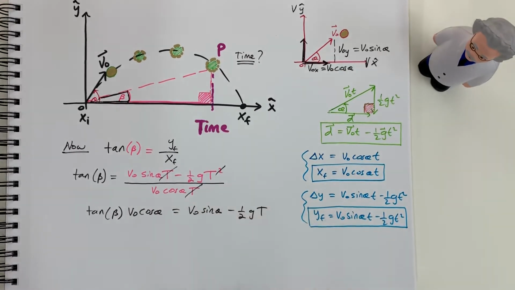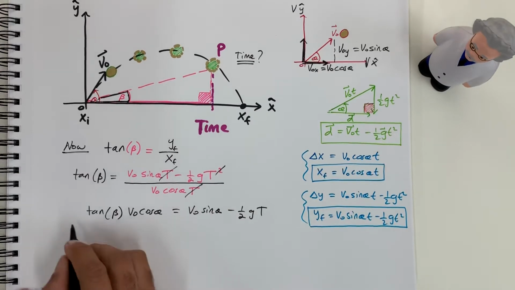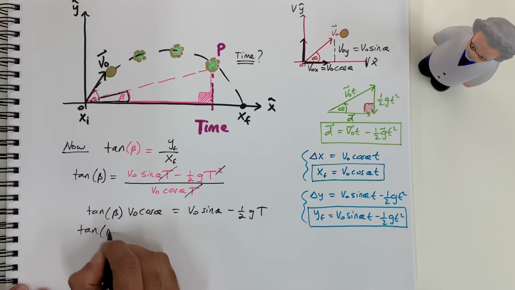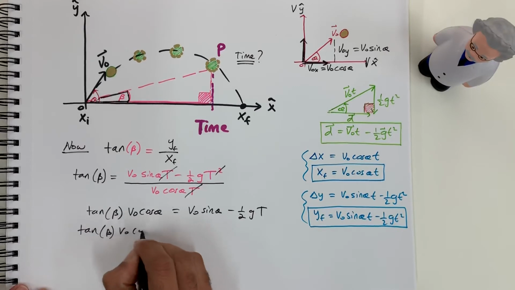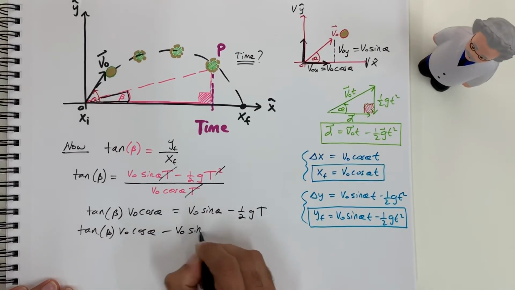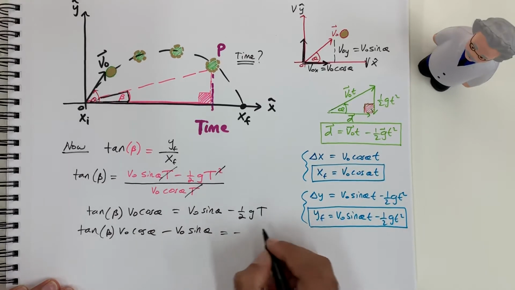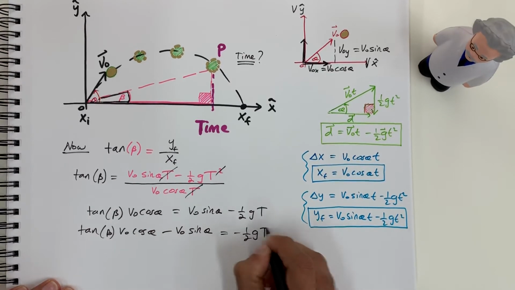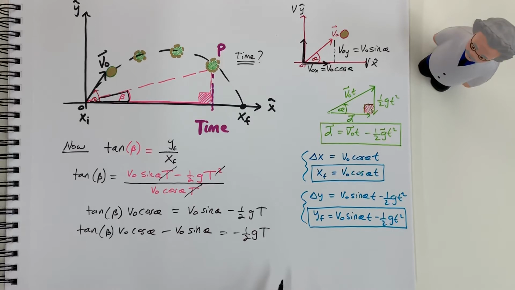Okay, so let's put this on the other side. We got tangent of beta v initial cosine theta minus v initial sine theta is equal to negative 1/2 g big T squared.